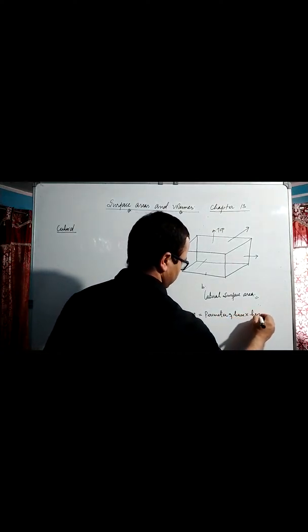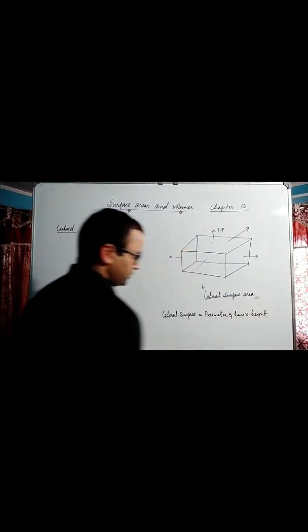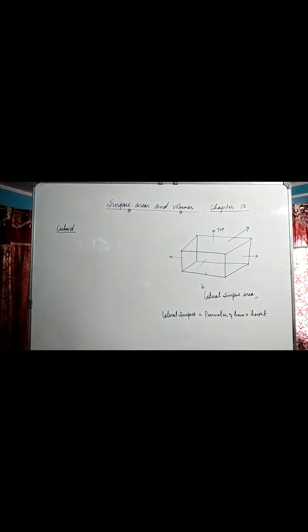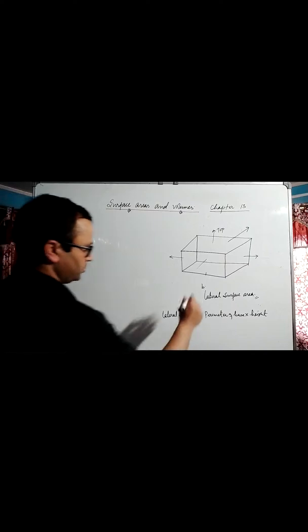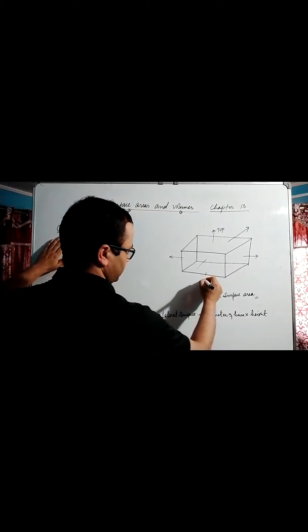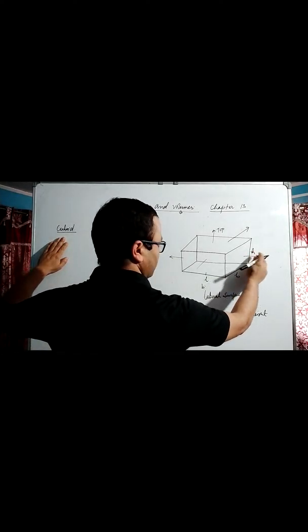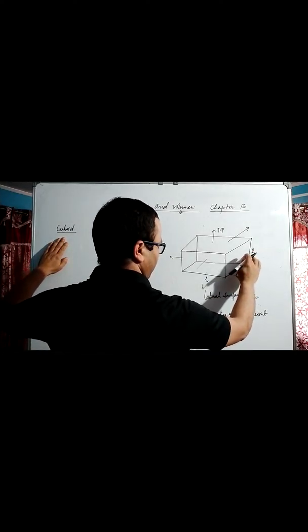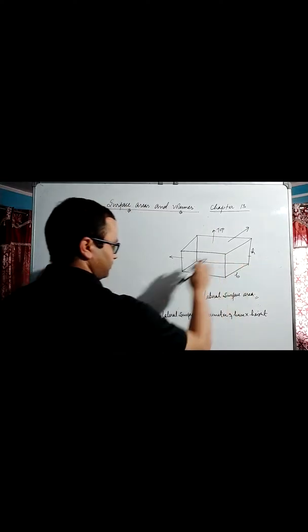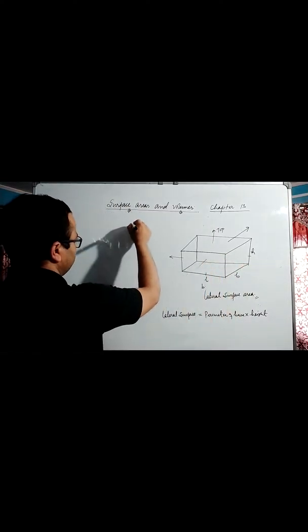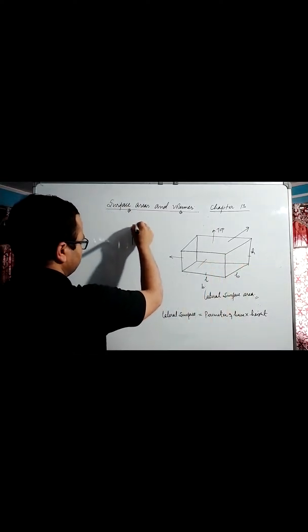So we consider the cuboid first. It has 3 dimensions: this is length, this is breadth, and this is height. We know that the base of this cuboid is in the shape of a rectangle.